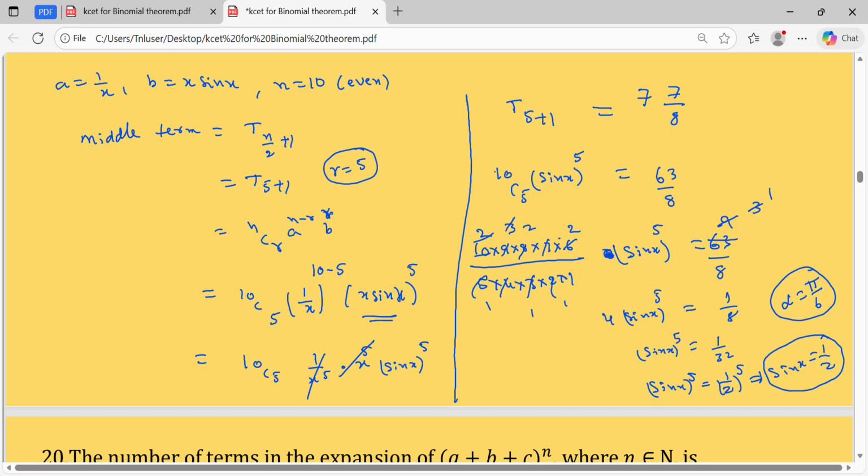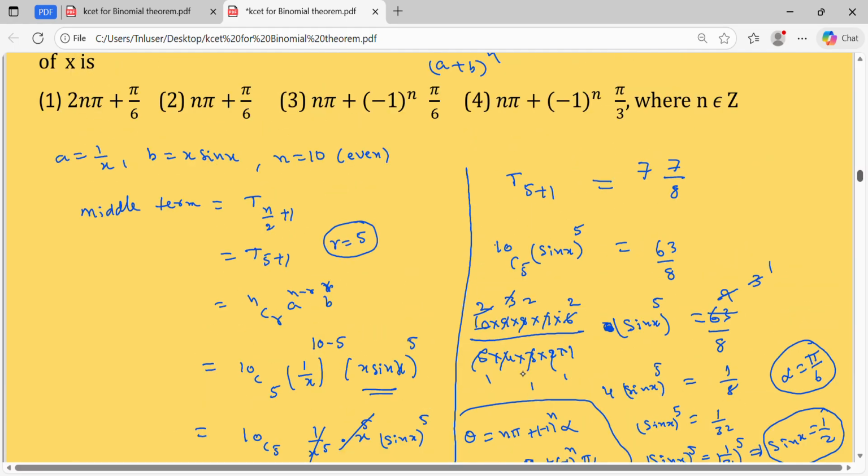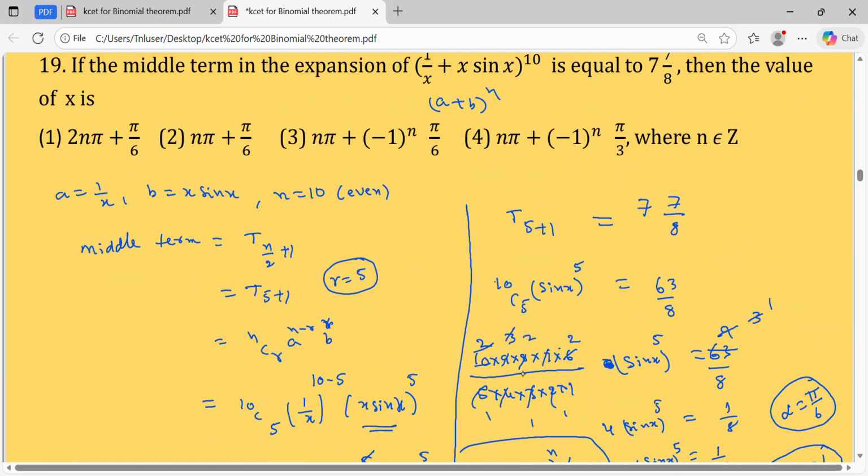So alpha equals pi by 6, but the final solution is theta equals, the general solution of sine is n pi plus minus 1 whole power n into alpha. Now substitute the alpha value: theta equals n pi plus minus 1 power n into pi by 6. So this is the final answer. Option 3 is the correct answer.